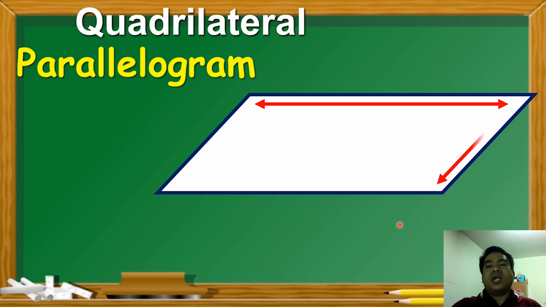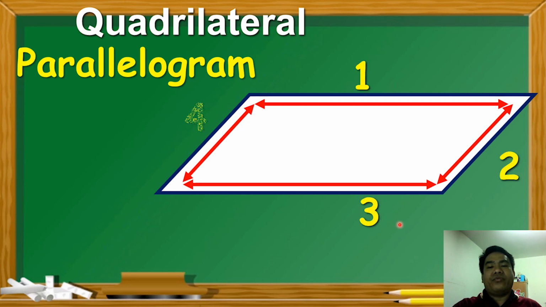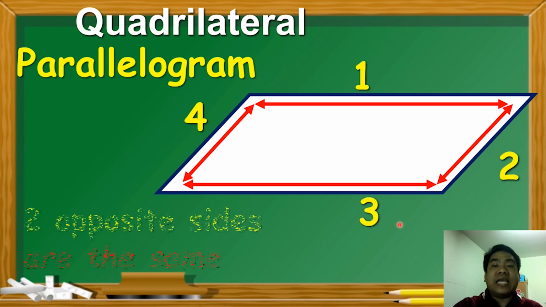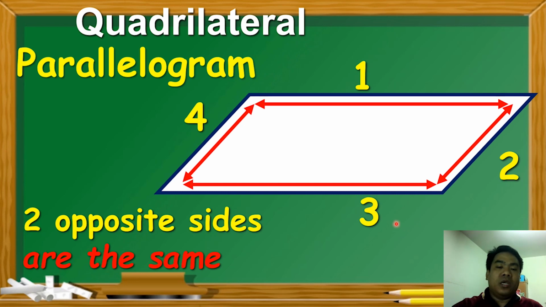So 1, 2, 3, 4. The 2 opposite sides are the same.